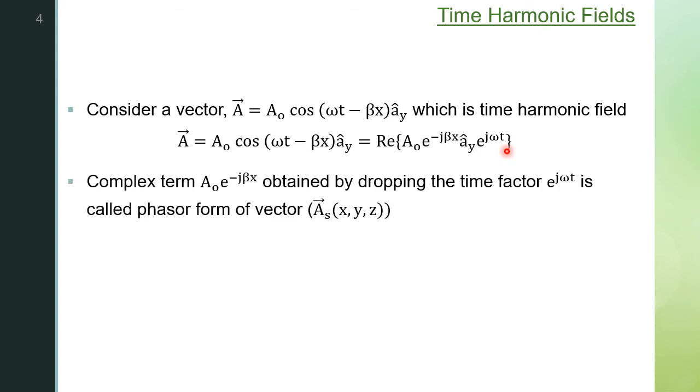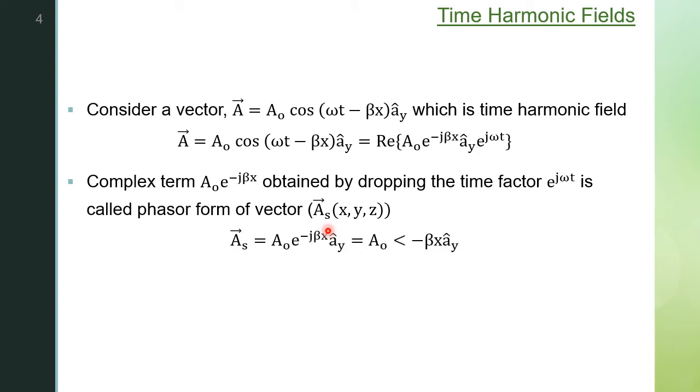So by dropping the time factor, the remaining terms are called the phasor form of the vector, and it is given as As of x, y, z. The subscript s represents the phasor form, and this term will not be dependent on time, but only on the three coordinates. So the term which is obtained by suppressing the time factor is called the phasor form of the vector.